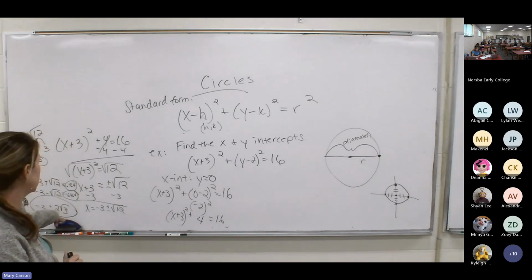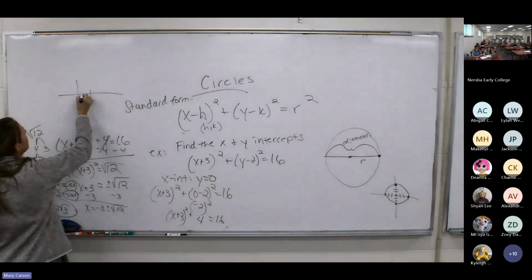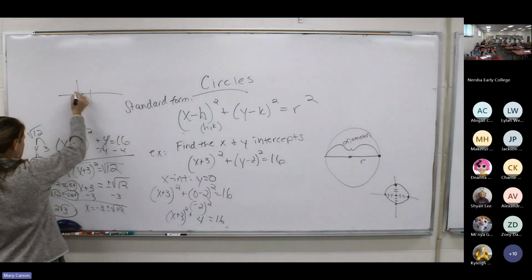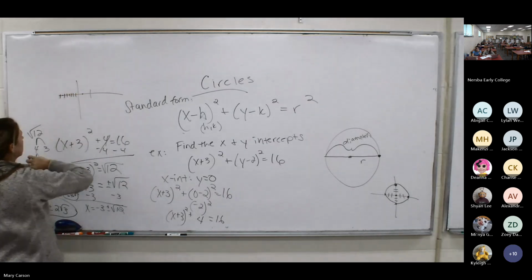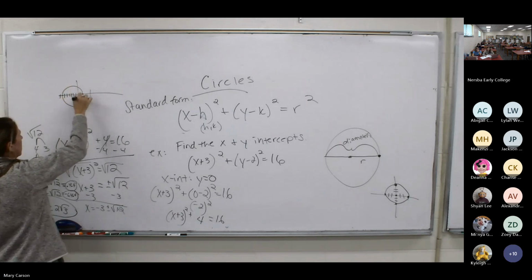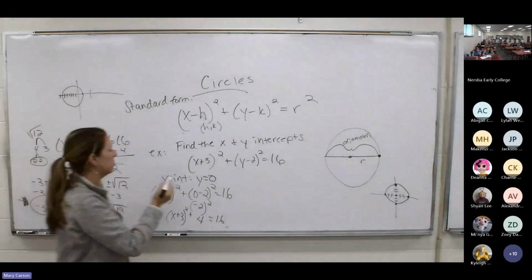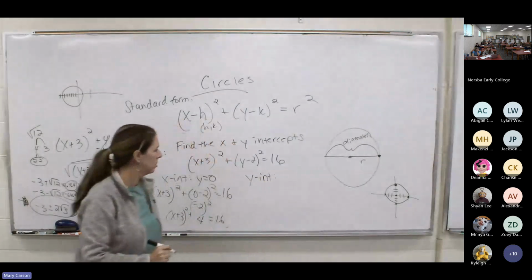So that's the x-intercept. So if I graphed it, it would be something like here. We have to find the y-intercept. I should have graphed. All right, so y-intercept, what are we going to do?